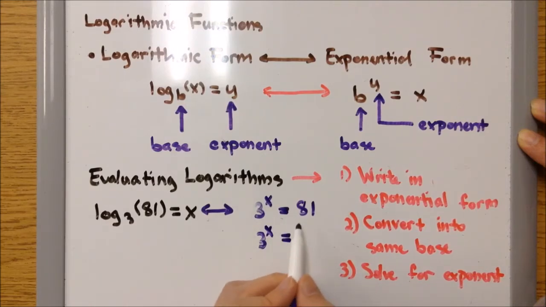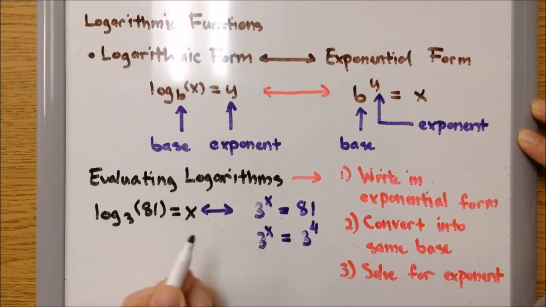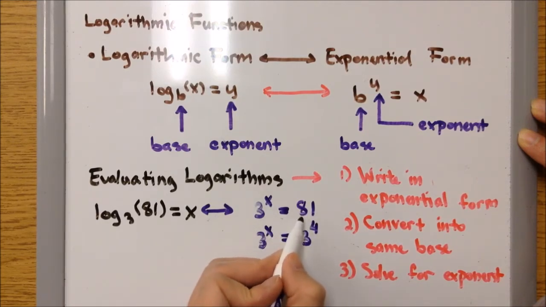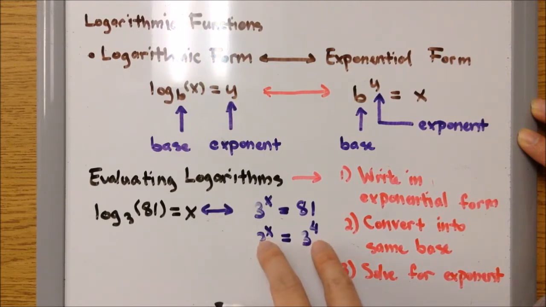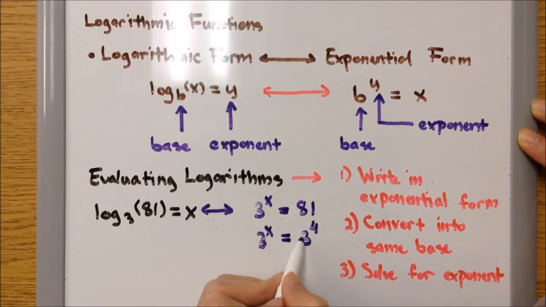The common base would be 3, and then 3 to what power would become 81? Well, that's 4. So 3 to the 4th power is 81. All we did was change 81 into a common lower base with an exponent. Keep in mind, the same base has to be on both sides in order to solve for the exponents.